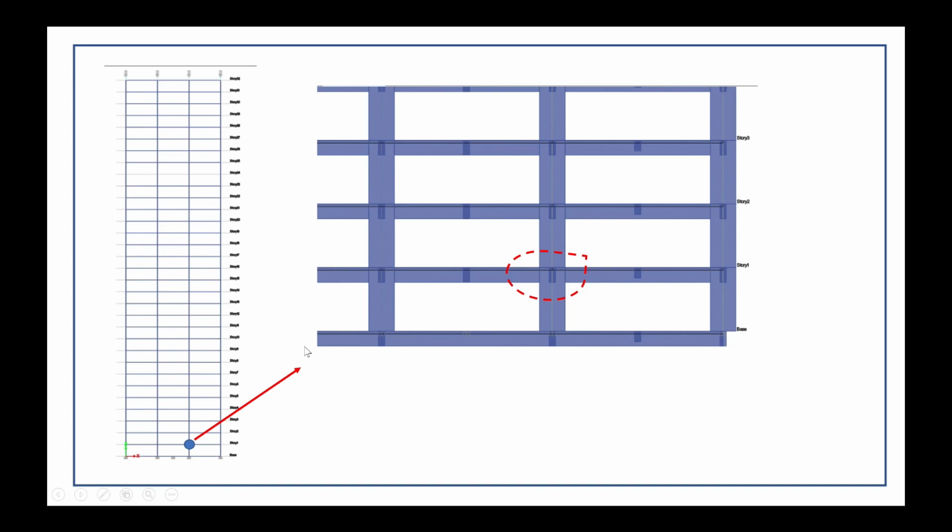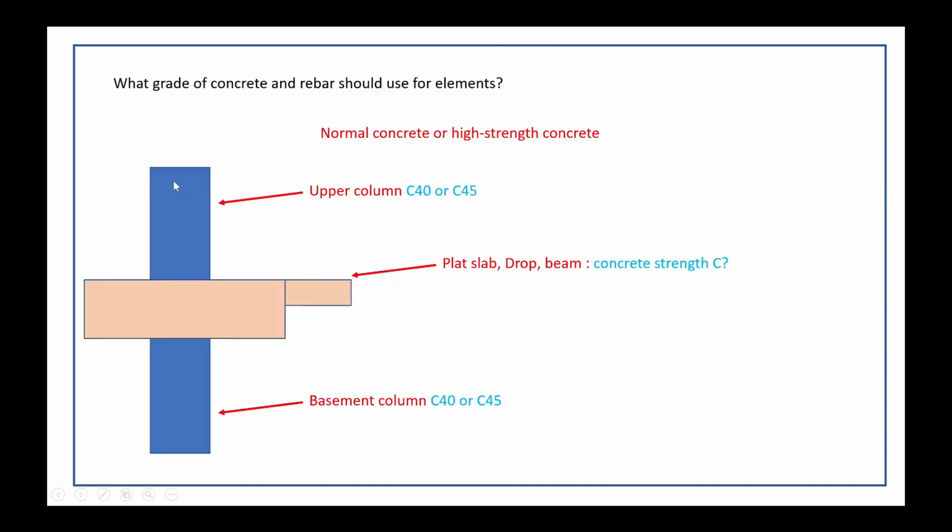We discussed in a previous tutorial how to design and how to modify a section. We are concerned about the joint between the concrete slabs, concrete beam, and the upper and lower column. Now let's take a look.